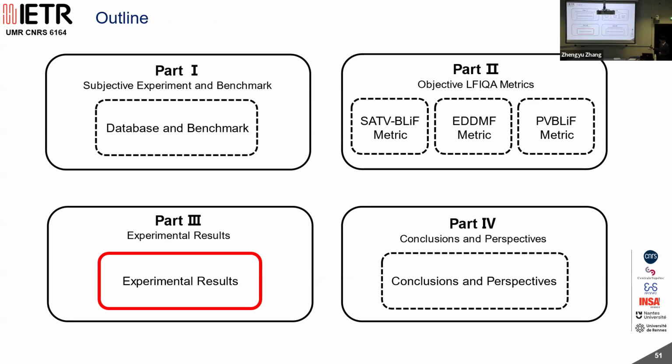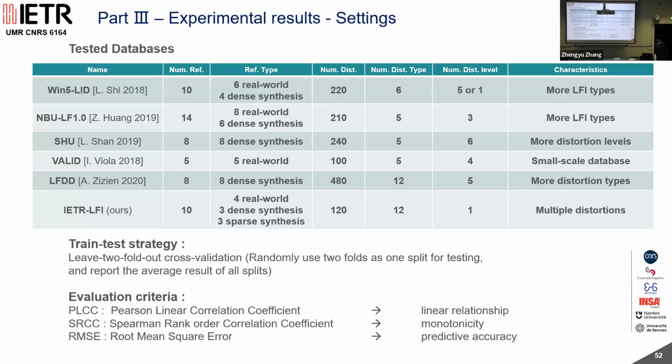So we would like to provide experimental results to demonstrate the effectiveness. Our experiments are performed on 6 different light field image quality assessment databases, including our proposed database. And here we summarize the main characteristics of each database, and we can find that they have different focuses and different characteristics, based on which we can conduct more reliable experiments.